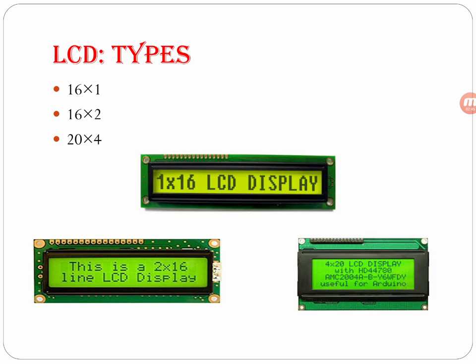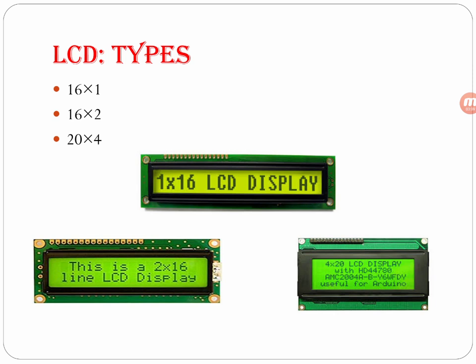And then knowing about the types of LCDs. Usually we have two types of LCDs: alphanumerical LCDs, which are used for displaying alphabets and numerical values, and graphical or customized LCDs, which are used for displaying pictures.